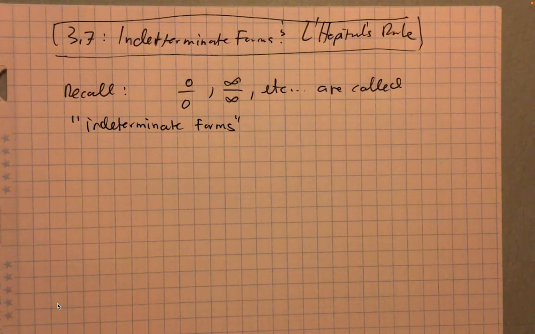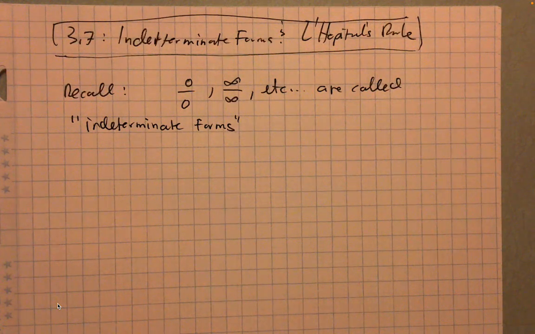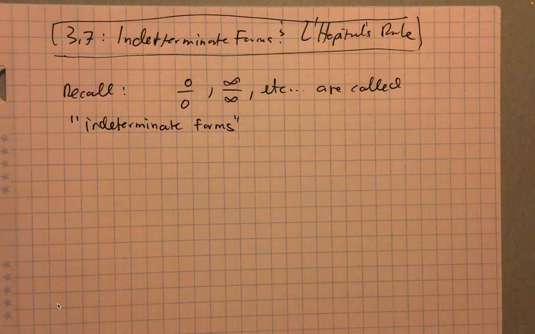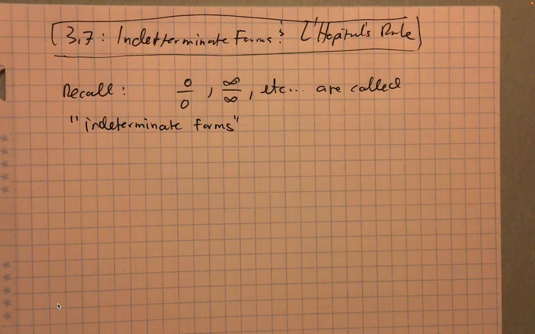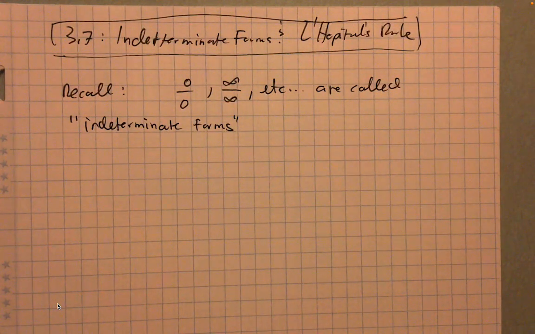So this is all in regards to taking a limit. Whenever you're evaluating a limit and you get a 0 over 0 or infinity over infinity or other such things, we call them indeterminate forms because they do not guarantee that a limit exists, first of all, and if a limit does exist, they don't indicate what the limit is.